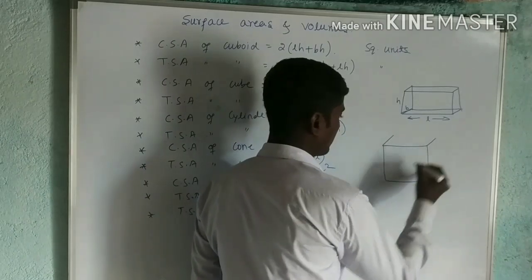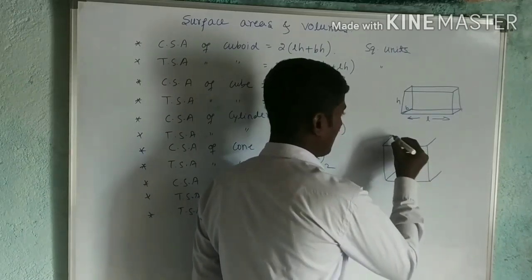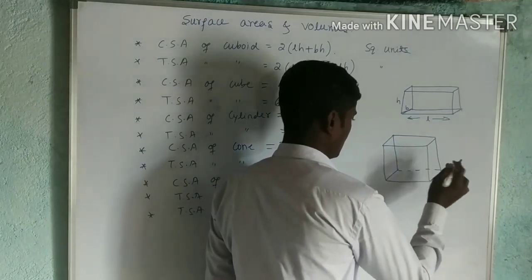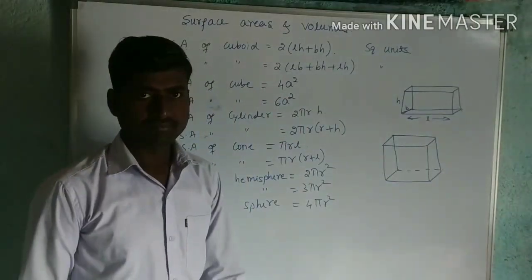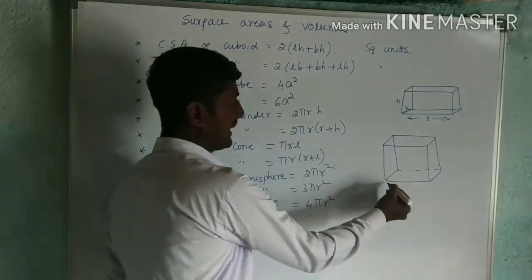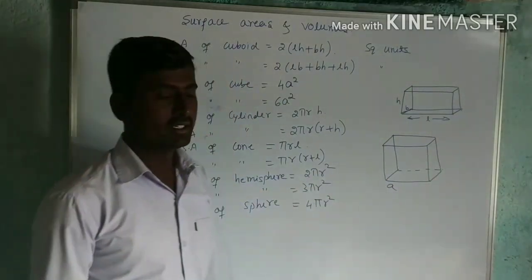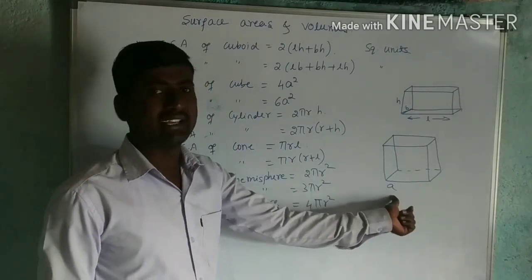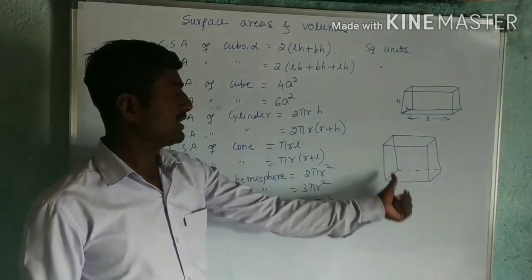So this is the cube, where all 6 faces are equal. Here I have taken A as the edge. Height, length, breadth are all equal, and I mention it as the edge. A is the edge of the cube.